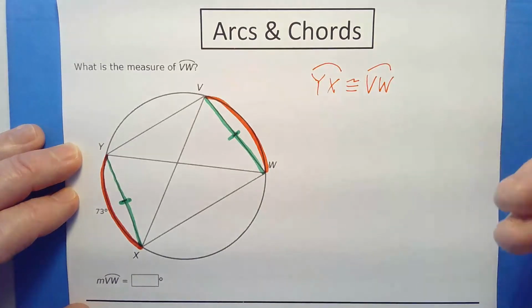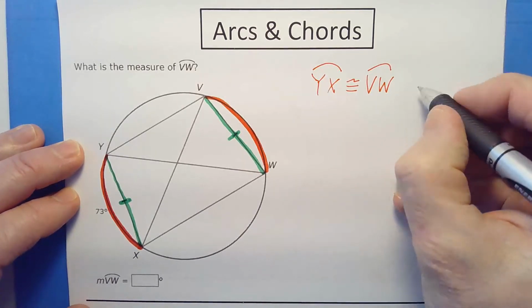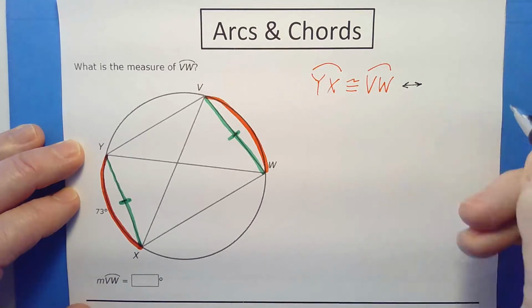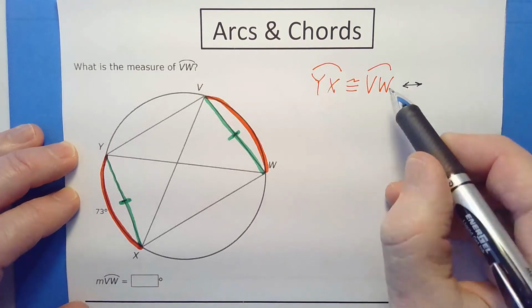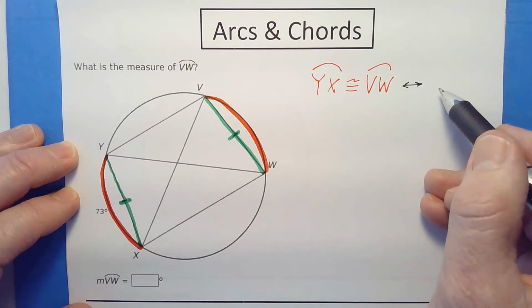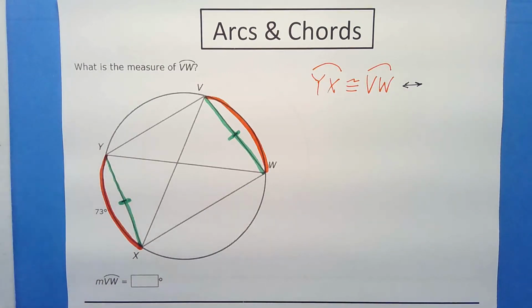Those are congruent, and we get to use one of our favorite if and only if statements. Now, we can write it as words, or we can just write it as a double arrow. If you remember from before, if you see a double arrow, then this fact on the left implies the fact on the right's true, and vice versa. So those conditions imply each other.